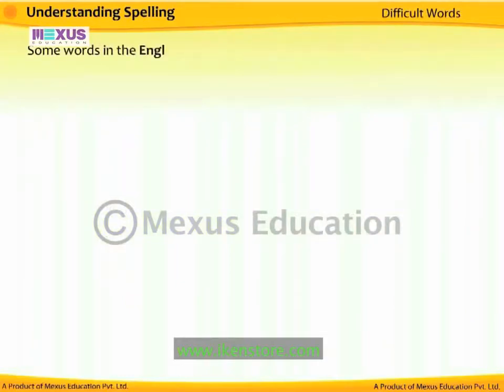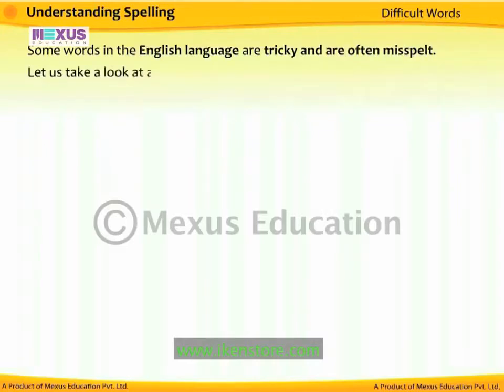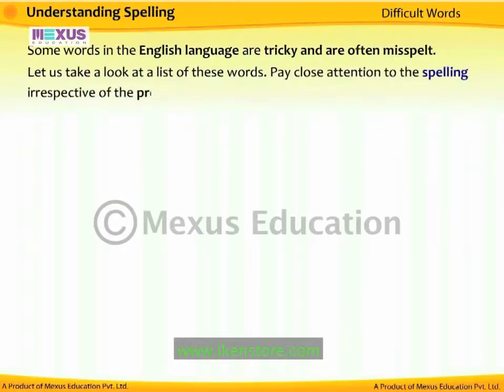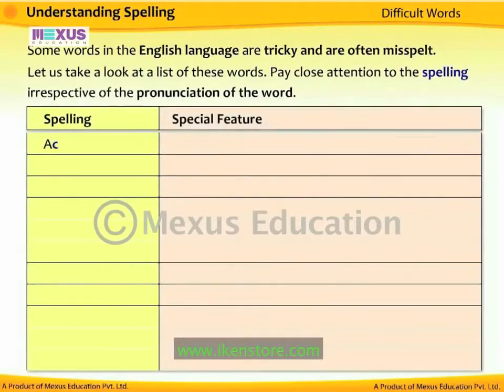Some words in the English language are tricky and are often misspelled. Let us take a look at the list of these words. Pay close attention to the spelling irrespective of the pronunciation of the word. ACCOMMODATION, accommodation.